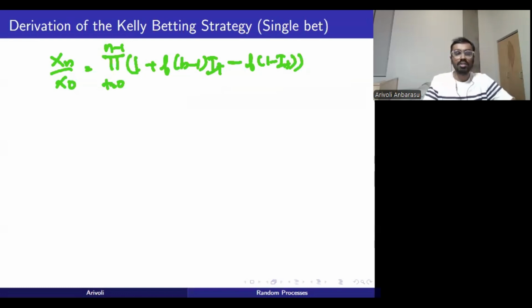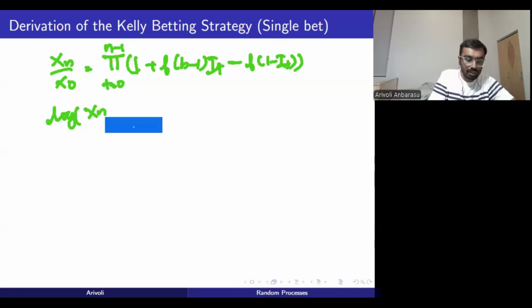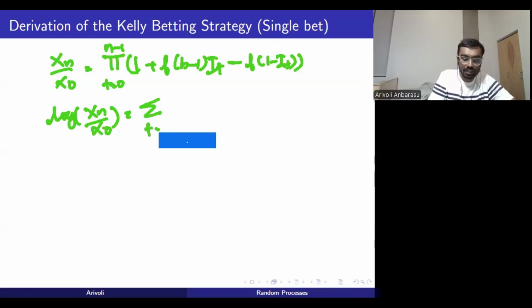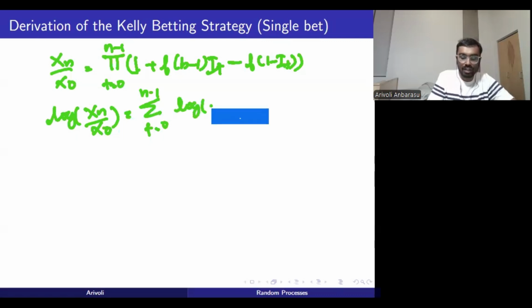So how can we use our law in this case? For that, let's take log on both sides. Log of xn by x naught equals the summation running from 0 to n minus 1 of the log of the value.